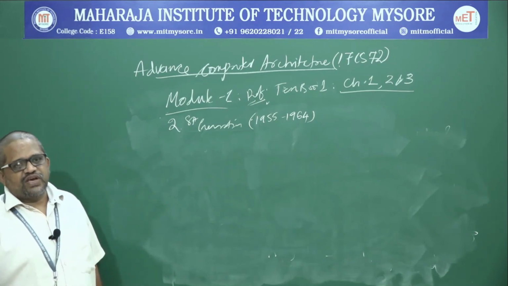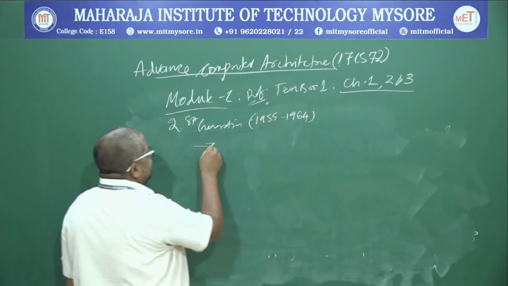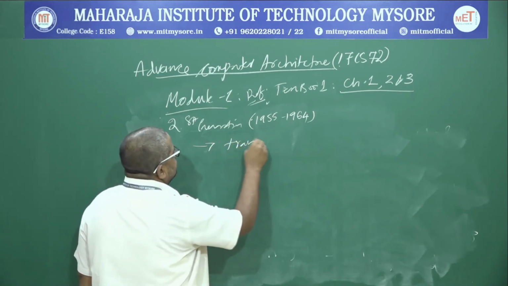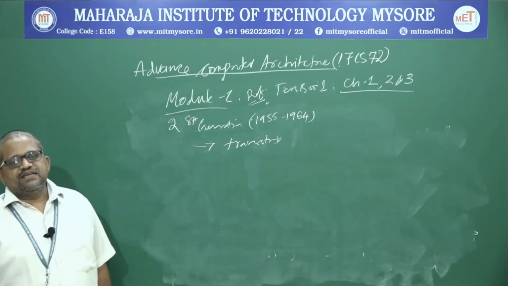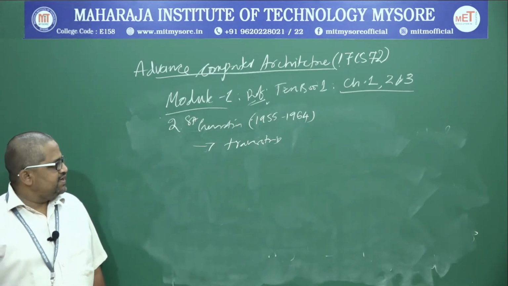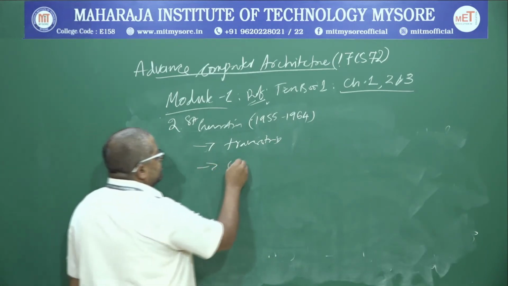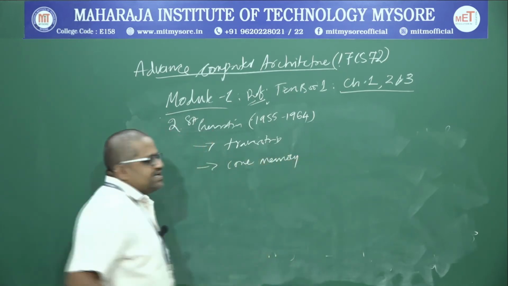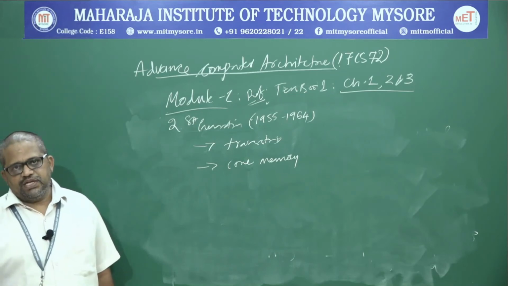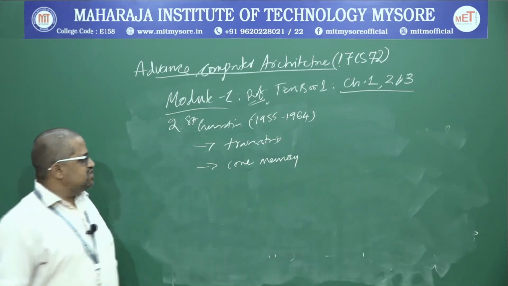In the first generation, it was vacuum tubes, but here they started to use transistors. The discrete transistors were available, right. And then again, core memory technology was available.